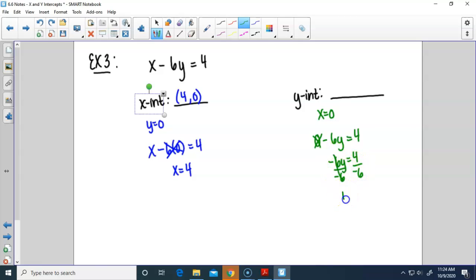Don't panic. This does not divide evenly here. We could reduce it to -2/3. We also could do a decimal, but let's stick with the fraction here. So we've got a fraction. That's fine. So our y-intercept would be (0, -2/3). You may see some fractional answers on some of these.